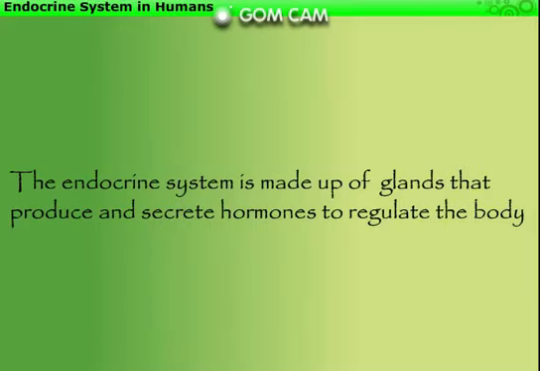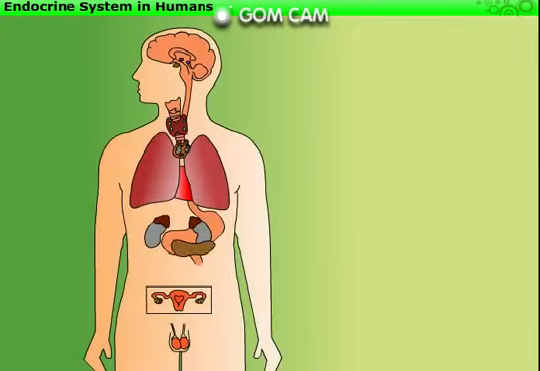The endocrine system is made up of glands that produce and secrete hormones to regulate the body. Let us understand the endocrine system in humans. There are a large number of endocrine glands in the human body.